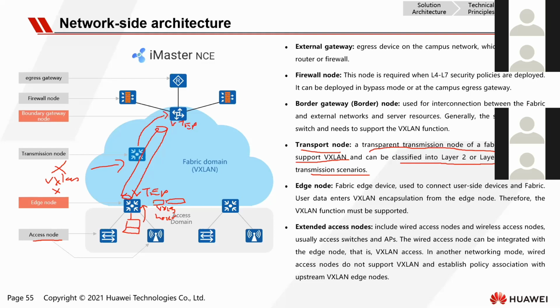At our border, it will decapsulate, removing the header and leaving the data packet. So this is what is meant by transmission nodes. Basically, transmission nodes don't support or aren't configured with VXLAN. They will just transparently forward the packets from border to edge.